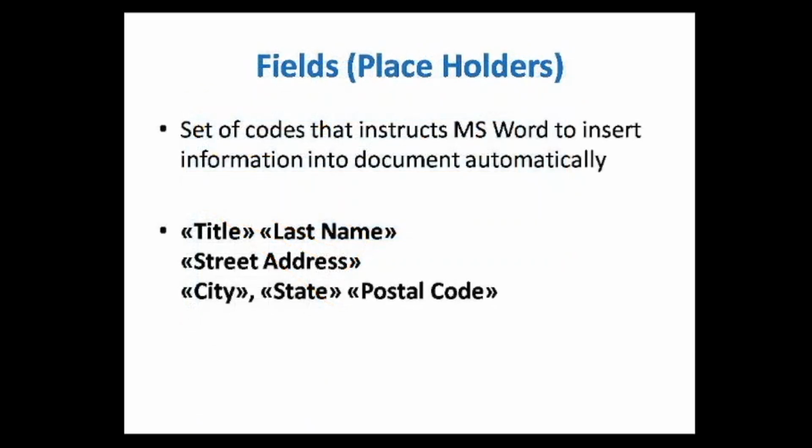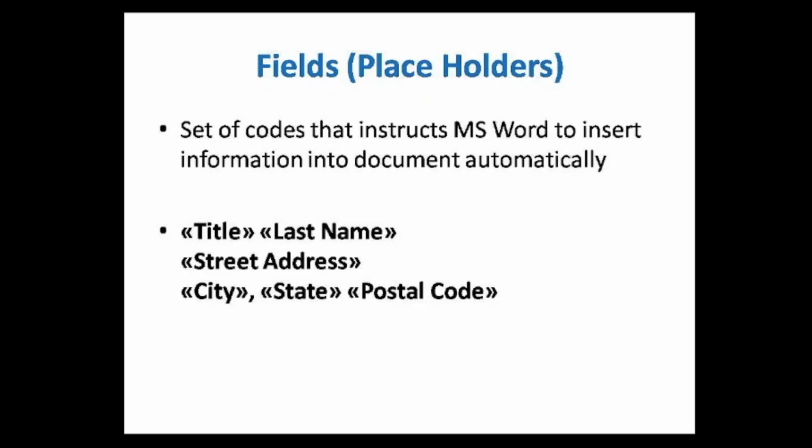Next part is your placeholder. Once you connect to the recipient list, you can specify the information that you want to include in the mail merge by using these fields, or you can say the placeholders. A field is a set of codes that instruct Word to insert information into the document automatically.